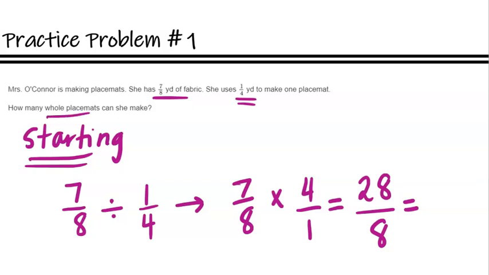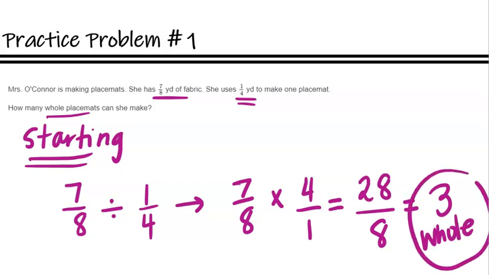Okay, so how many times does 8 go into 28 without going over? If I think about my 8 facts, I think 8, 16, 24, 32. So 4 placemats goes over 28. So 3 whole placemats would be my answer. And you could do 28 divided by 8. You're going to get 3 and some left over.